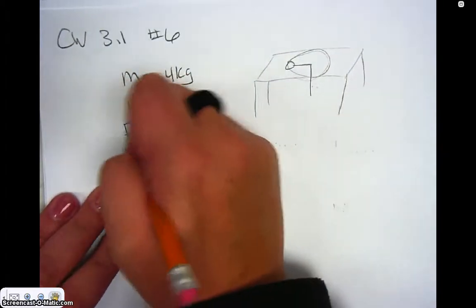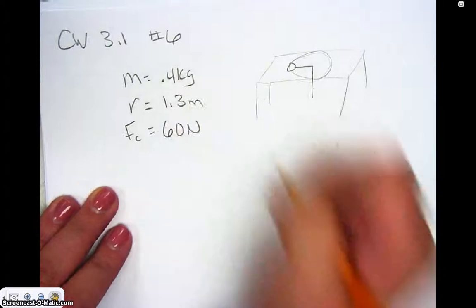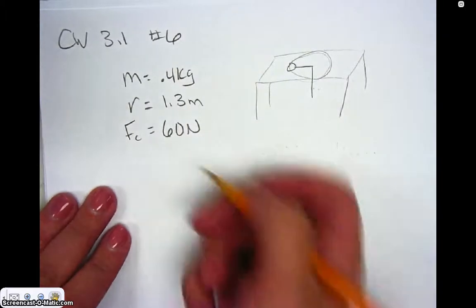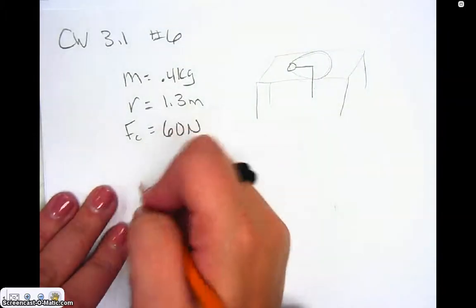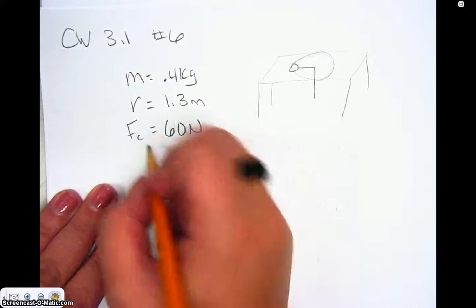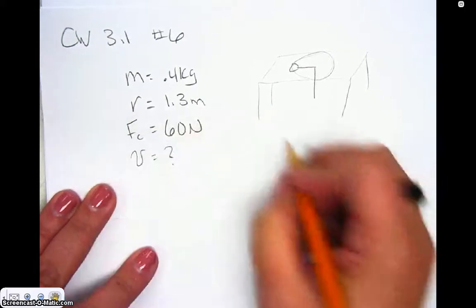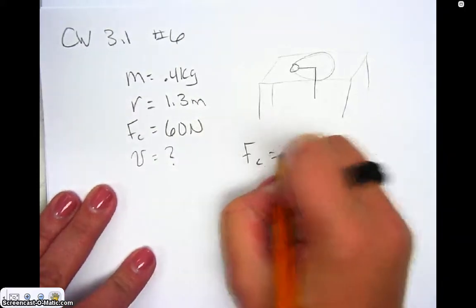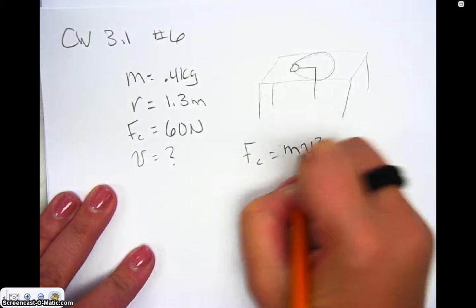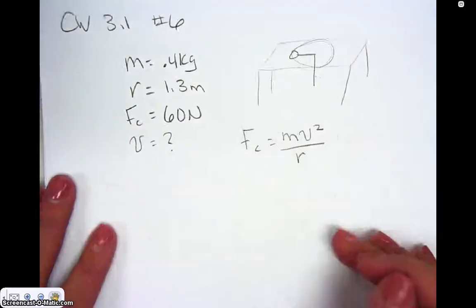So the maximum force, or centripetal force, that we can have is 60 newtons. And it asks, what would the speed be with the maximum force? So we're trying to find v. This is a pretty simple plug and chug problem. We've got centripetal force equals mv squared over r.